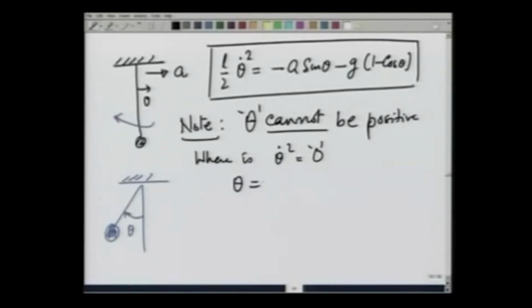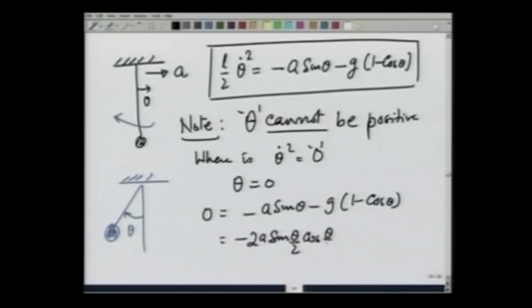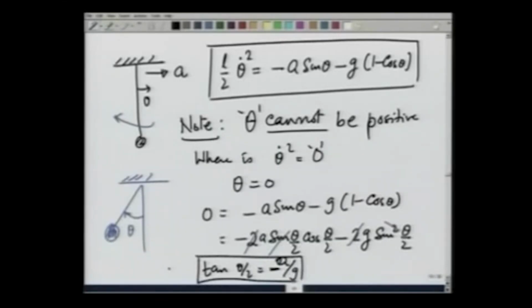One answer of course is theta equals 0, which is the point we started with, and the second point is going to be 0 equals minus A sine theta minus G 1 minus cosine theta, which I can write as minus 2A sine theta by 2 cosine theta by 2 minus 2G sine square theta by 2, and that gives you, okay, let us see, this sine theta by 2, one of them drops out, this 2 drops out, and that gives you tangent of theta by 2 equals minus A over G. So, theta dot square becomes 0 again when tangent of theta by 2 is minus A over G.